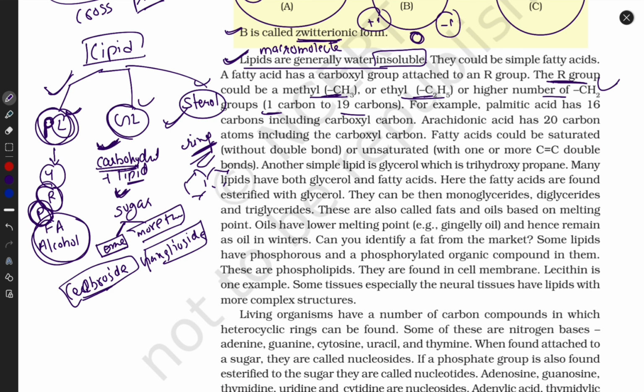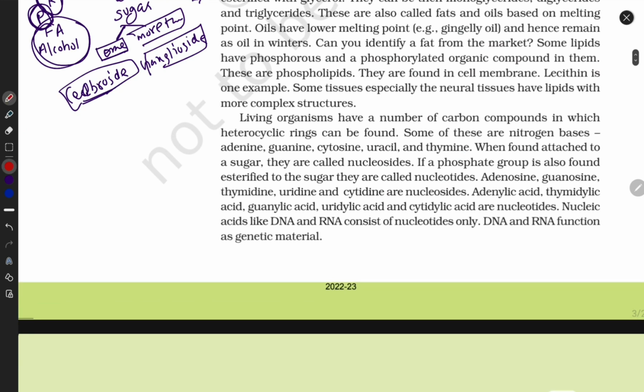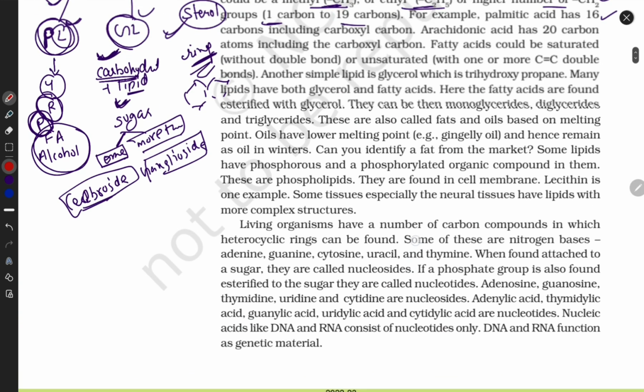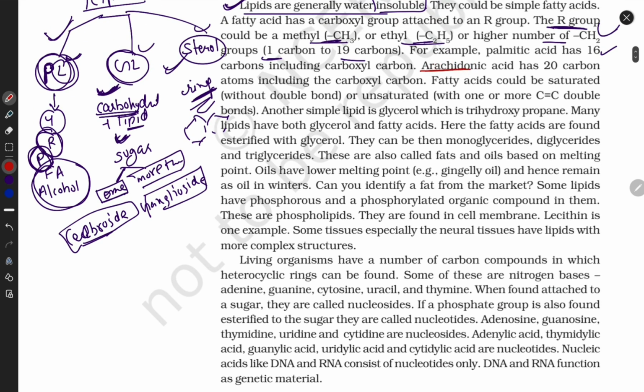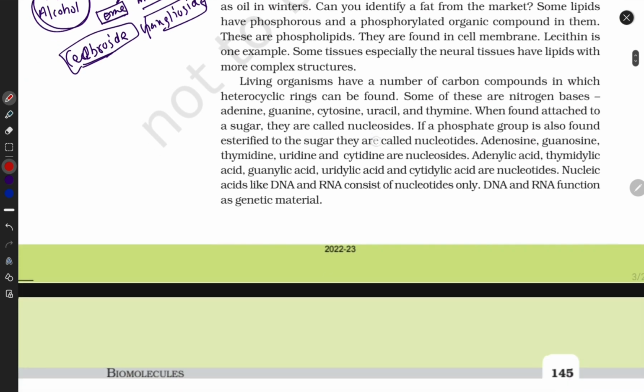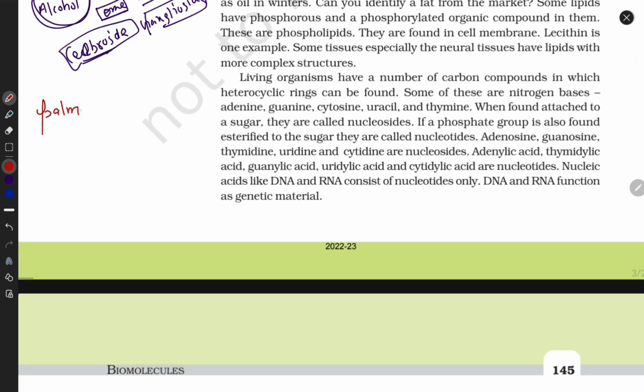Now I'm writing some examples: some have 16 carbons, some have 20 carbons. I'm giving you detailed examples of 14, 15, 16, 17, 18 carbons. According to your book, arachidonic acid has 20 carbons. Palmitic acid has 16 carbons.